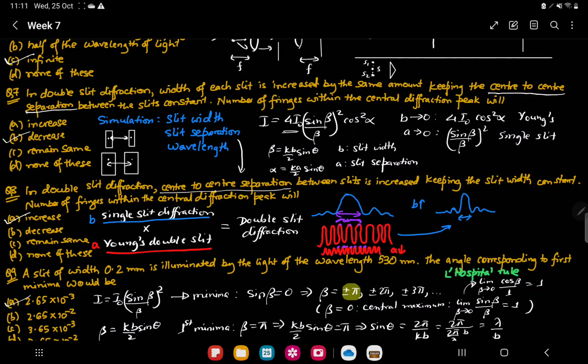So the slit separation controls the Young's double slit pattern, whereas the slit width controls the single slit diffraction.